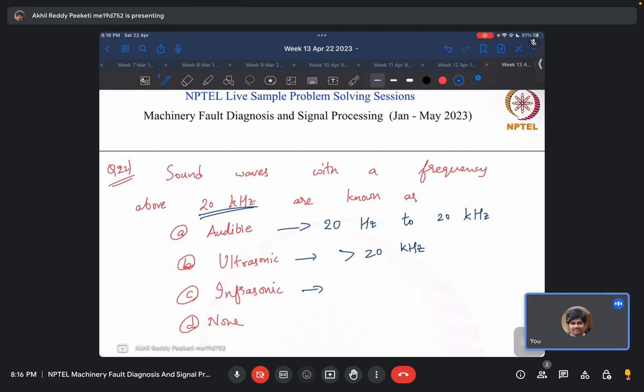Infrasonic is less than 20 hertz, the frequency below which we can't hear. So the answer for this case is ultrasonic. The audible frequencies for humans are 20 hertz to 20 kilohertz. Above that is called ultrasonic, and below that range is called infrasonic.